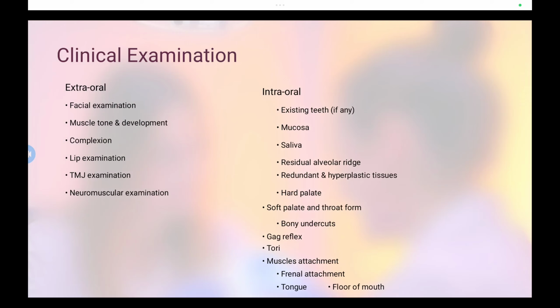closing maneuvers. In simple terms, we place the index finger on the condylar portion near the front of the ear, and then ask the patient to open and close the mouth, and if there is any sound or crack we can hear or feel, then there is a TMJ abnormality.